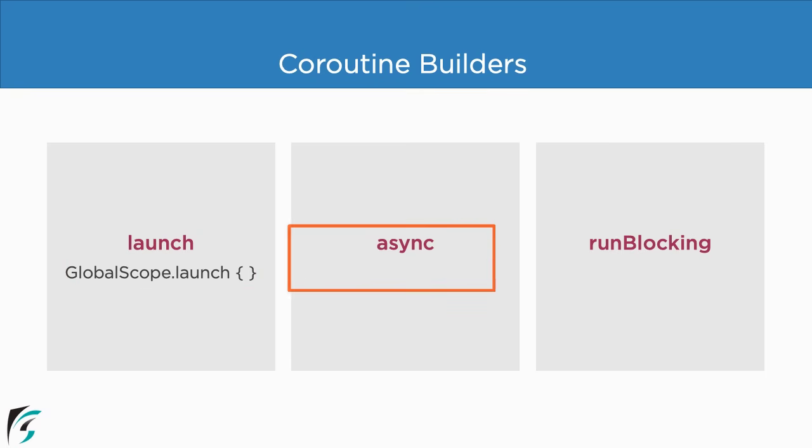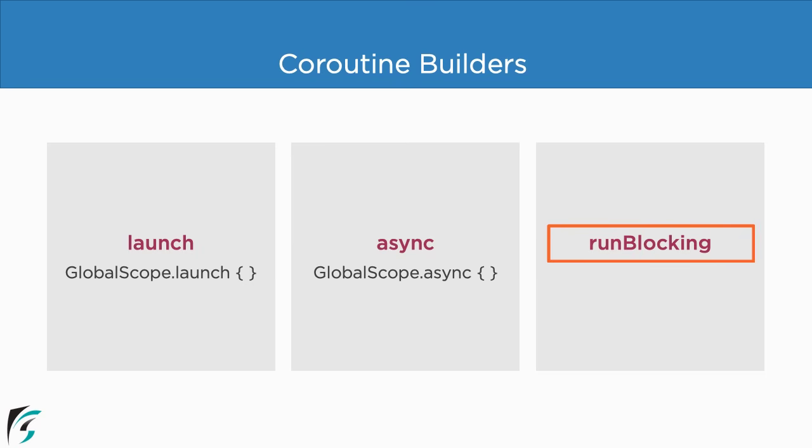Similar to this, for async as well, we have the GlobalScope.async function. But for runBlocking, we don't have anything like that. We just have a simple plain runBlocking function. Fine. So let us first get some clarity on what is the significance of using the GlobalScope companion object with the launch function.